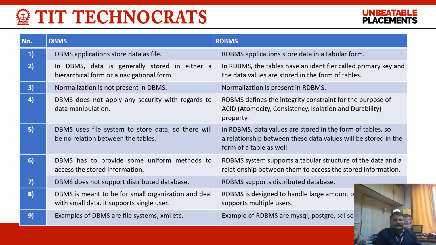And the next point, DBMS provides uniform methods to access the stored information, while an RDBMS supports a tabular structure of the data and a relationship between them to access the stored information. DBMS does not support distributed databases, while RDBMS supports distributed databases. So these are some differences between DBMS and RDBMS.